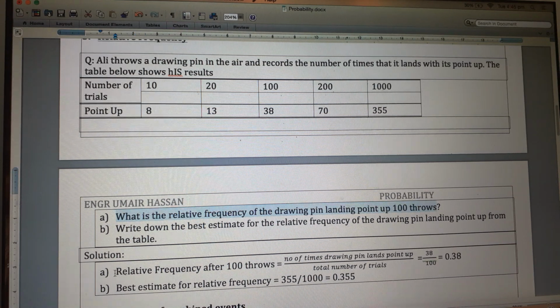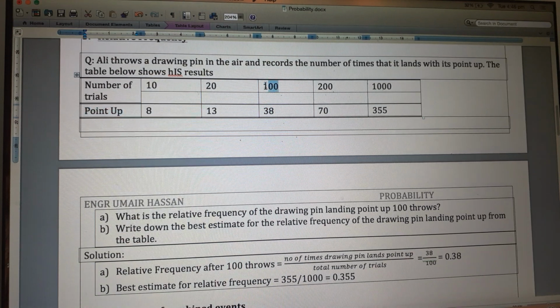Now relative frequency after 100 throws is basically the number of times the drawing pin lands point up, and that is 38. If you can see here, 38 times it is point up.